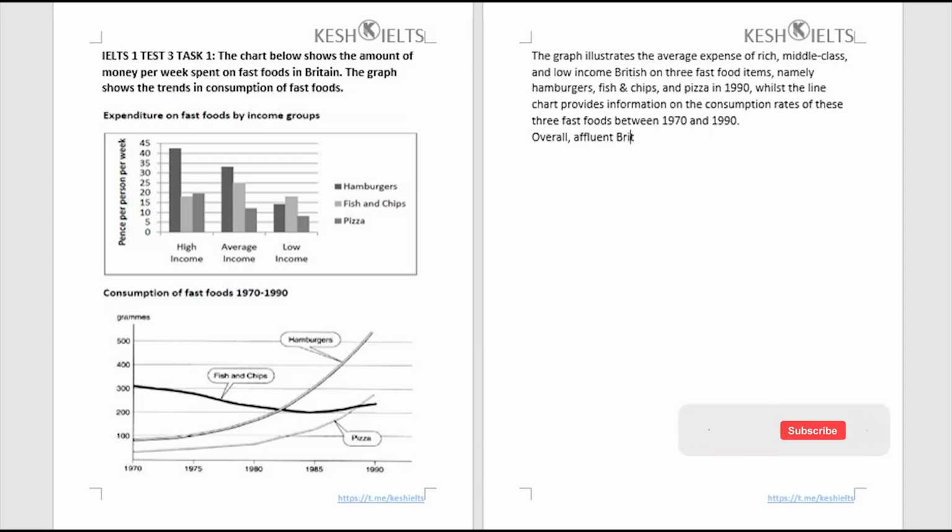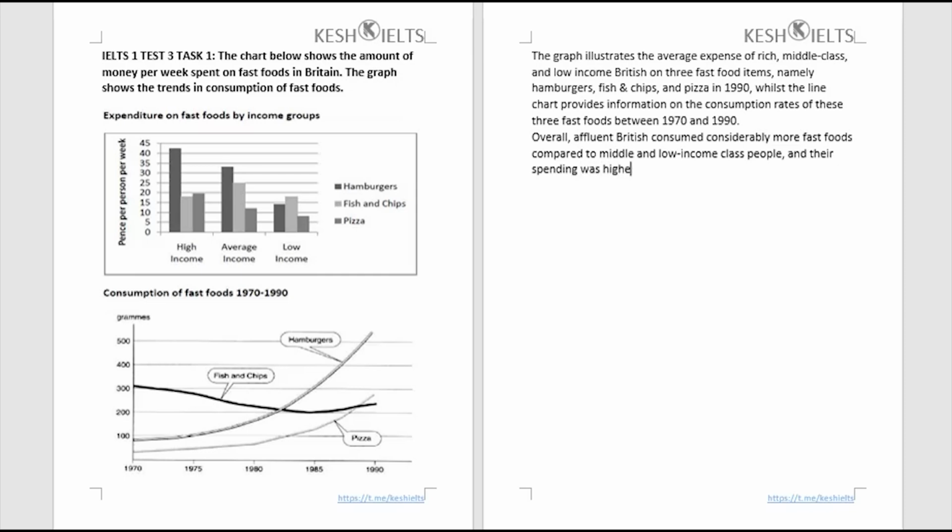British rich consumed considerably more fast foods compared to middle and low income class people, and their spending was higher as well.